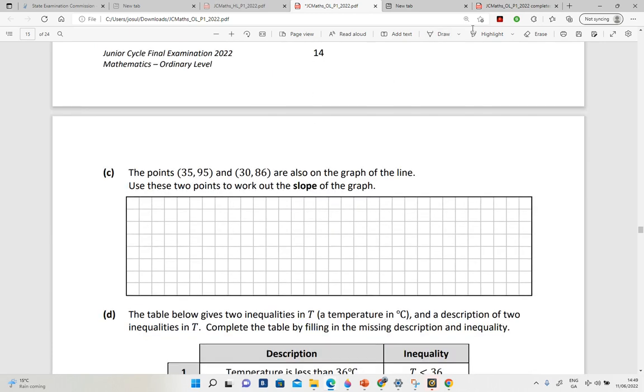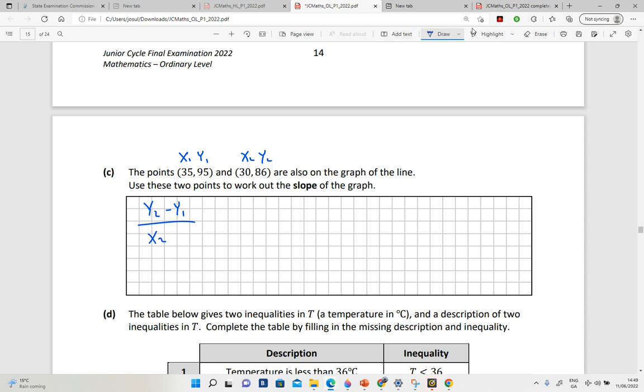C. So these points are also on the graph of the line. Use these 2 points to work out the slope. Okay, so we want to use the formula which is in the log tables. So we should label these first. So this is x1, y1, x2, y2. And the formula is y2 minus y1 all over x2 minus x1.